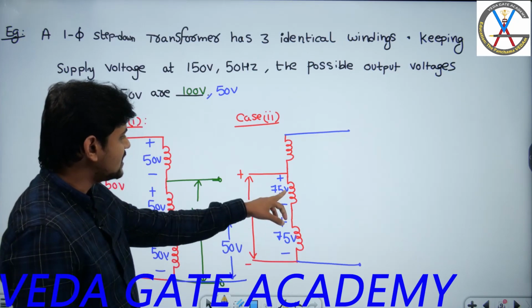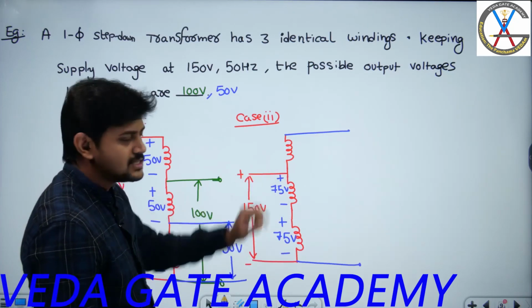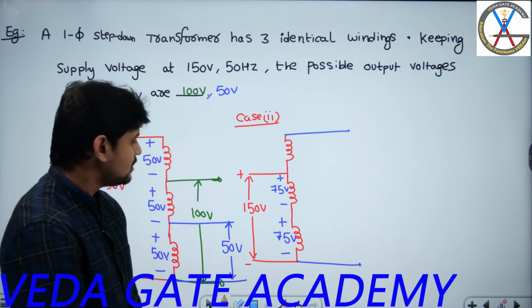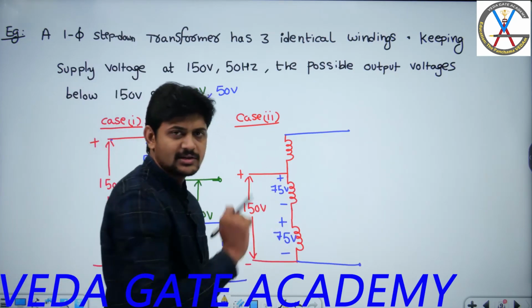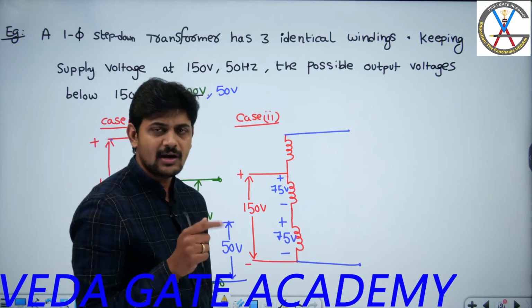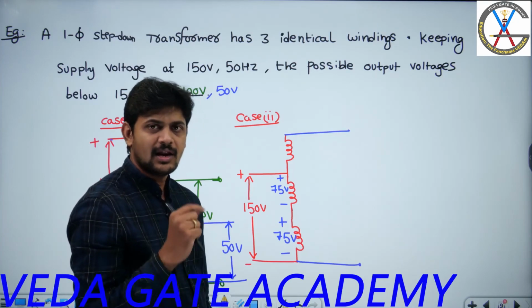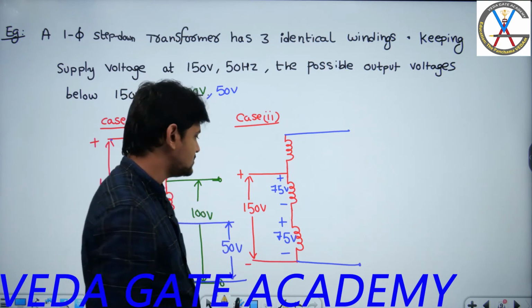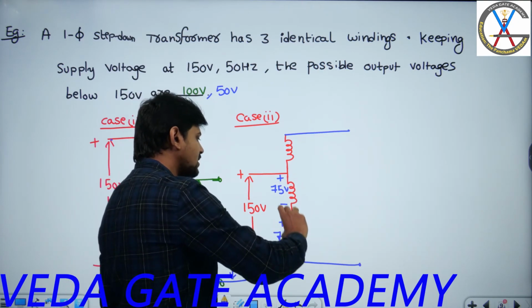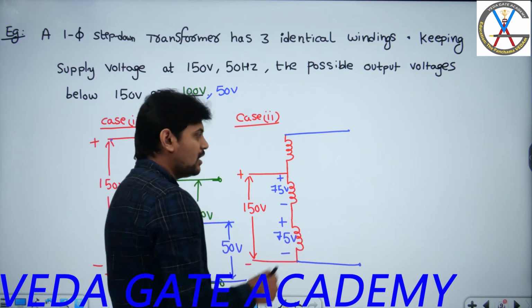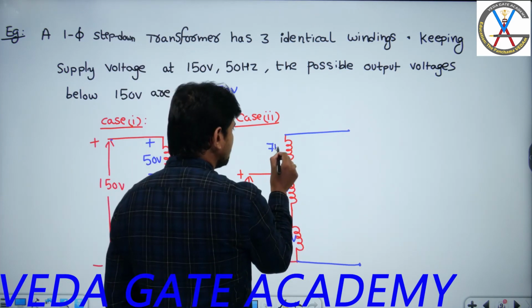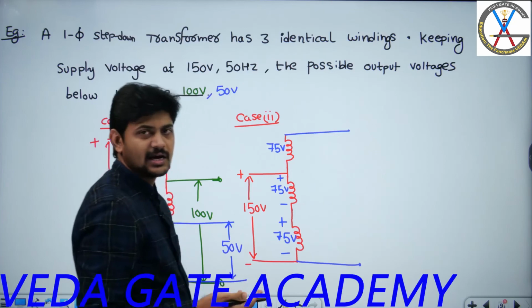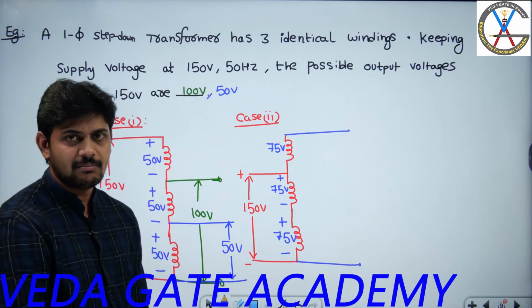In this case, this acts as a primary winding and this acts as a secondary winding, right? So these three are identical windings, guys. Identical windings means the number of turns will be the same, the length of those windings will be the same, and the amount of flux linking those windings is the same. So if 75 volts appears here and 75 volts appears here, obviously 75 volts will also appear across this identical winding, because identical winding means the same voltage will appear.